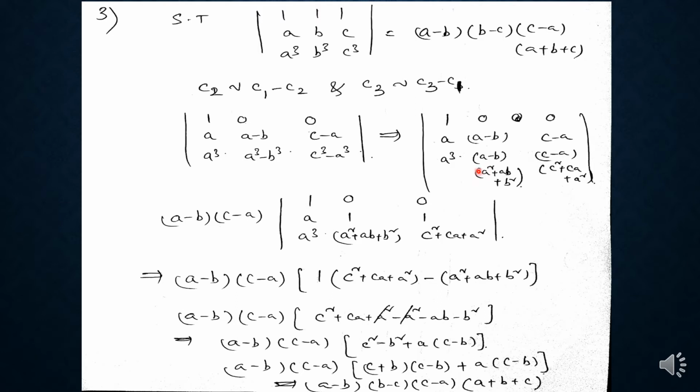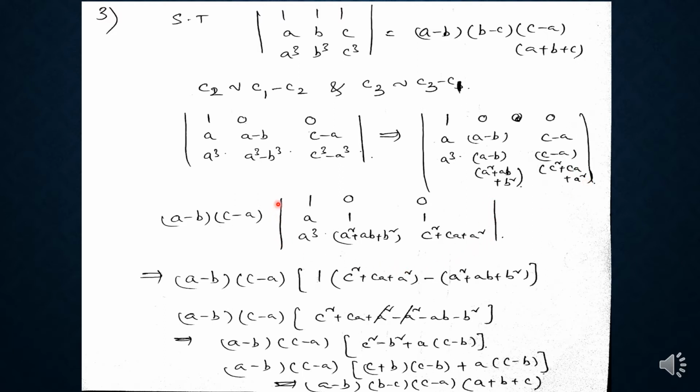Now by taking a − b as common from the second column and c − a common from the third column, we will get (a − b)(c − a) times the determinant whose first column elements are 1, a, a³, the second column elements are 0, 1, a² + ab + b², and the third column is 0, and since we have taken c − a as common, we write 1 here, and c² + ca + a² will remain.